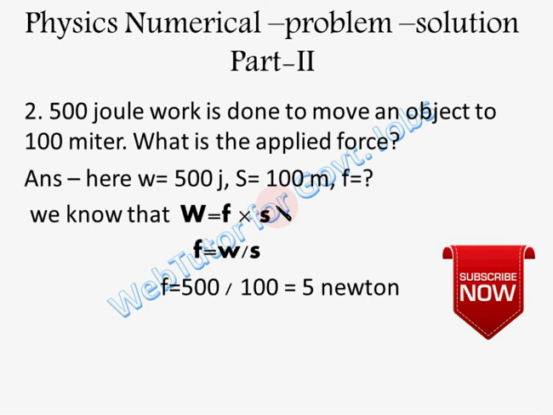F is equal to W का मान क्या है? 500 joule by S, the value of S, 100 meter. 500 by 100 is equal to 5, and they have given the values in SI unit. Remember, your answer should be in SI unit. Then the answer is 5 Newton. Simple mathematical problem.